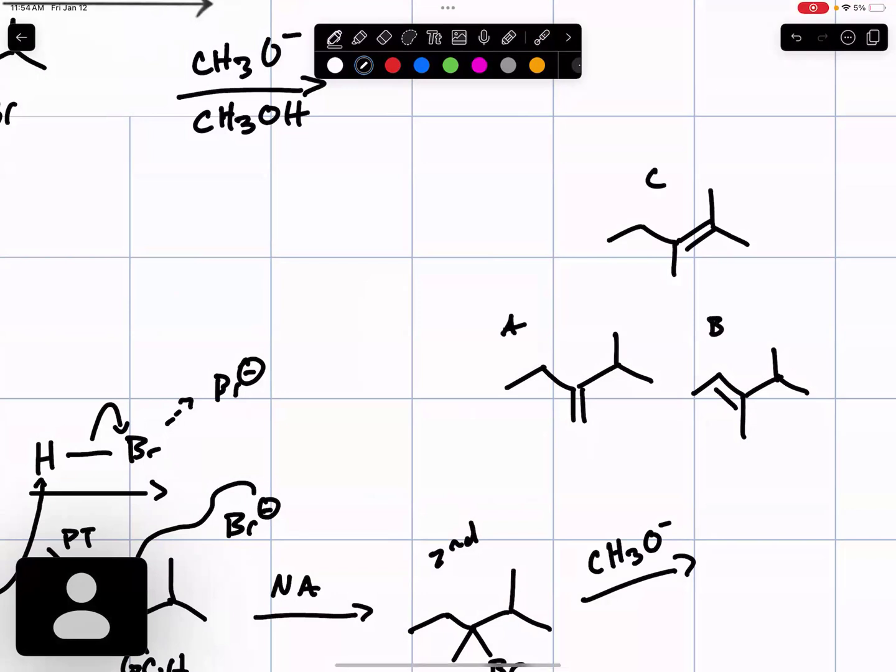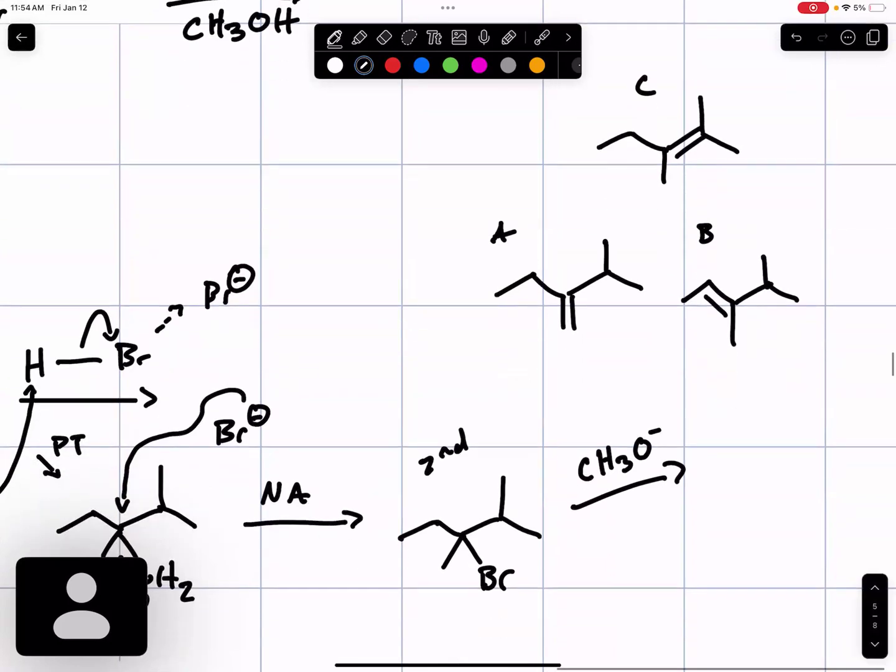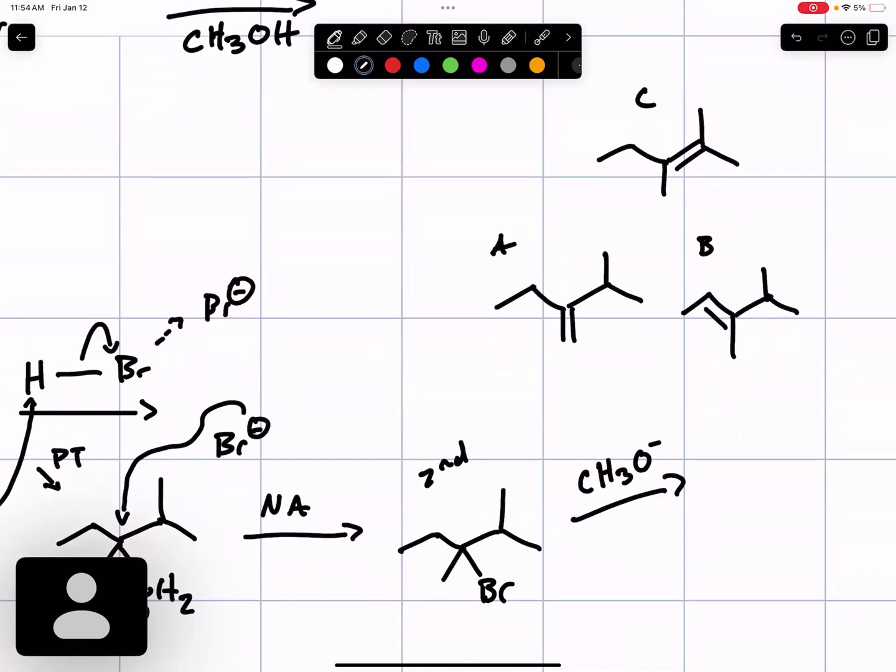Is it A, B, or C? B and C are both Zaitsev. But which one is more? C is the most, exactly. Zaitsev means the most substituted. So if something is most, there can only be one, right? So the most substituted would be C.